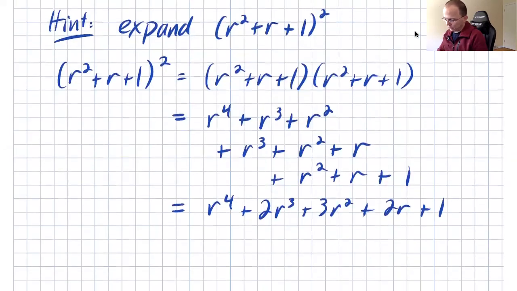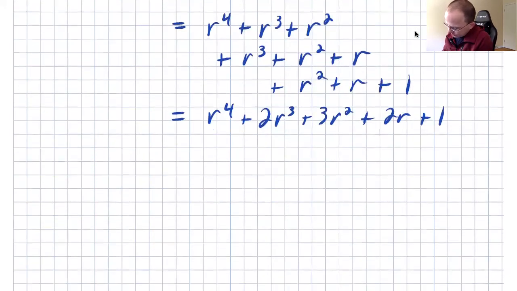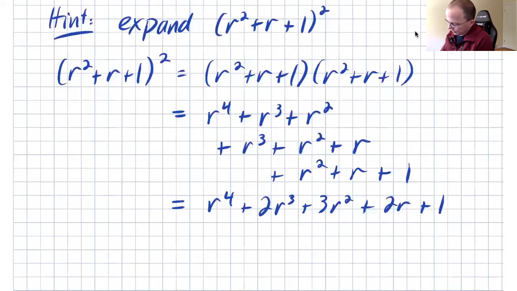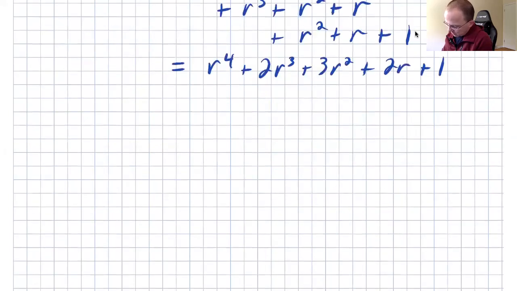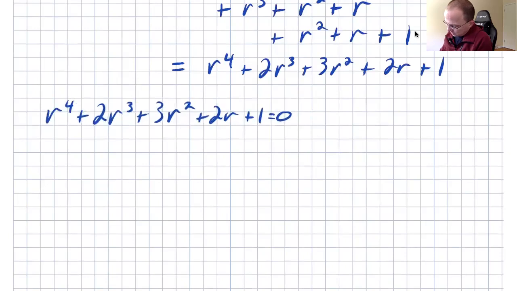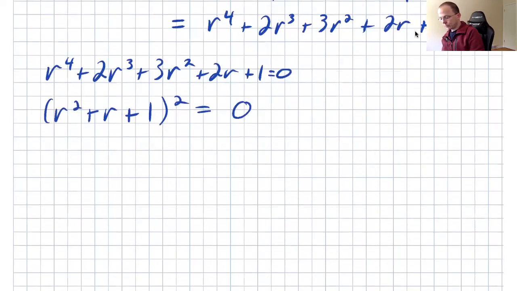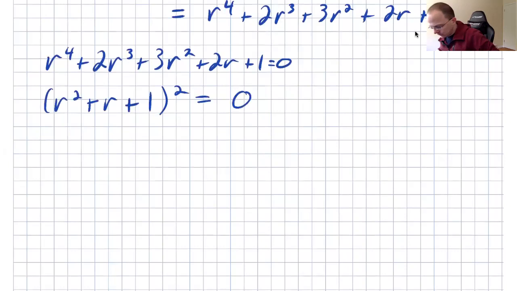So therefore, our characteristic equation tells us that r squared plus r plus 1 squared is equal to 0.